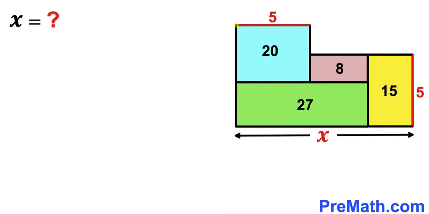Furthermore, the side length of the blue rectangle is 5 units long, and the side length of the yellow rectangle is 5 units long as well. Now our task is to find the value of this length x.